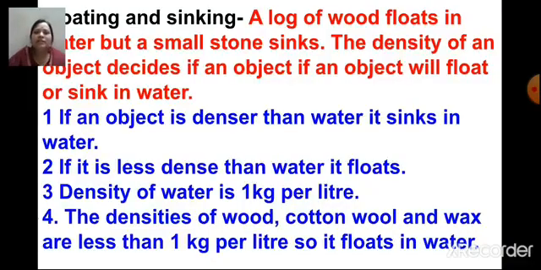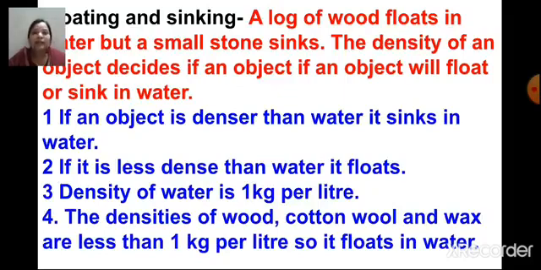So what decides whether something is going to float or sink in water? A log of wood floats in water, but a small stone sinks. The density of an object decides if an object will float or sink in water. Okay, it is neither the weight of an object nor the size of an object. Something that decides whether an object is going to float or sink in water is the density of an object.